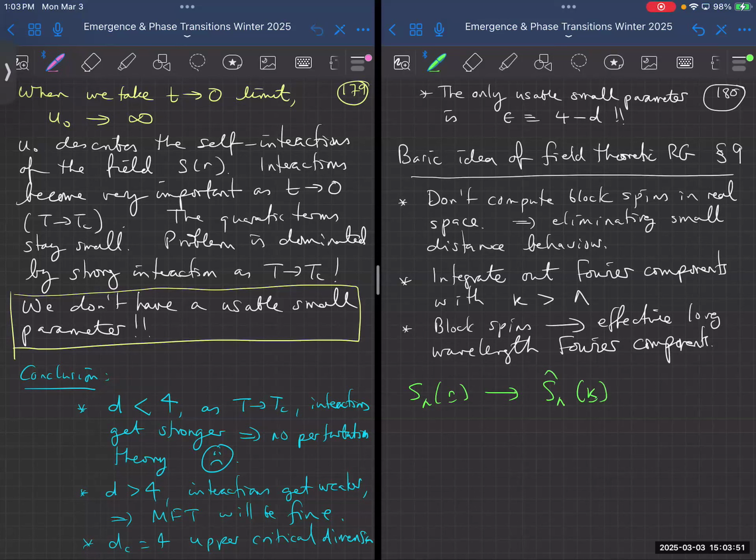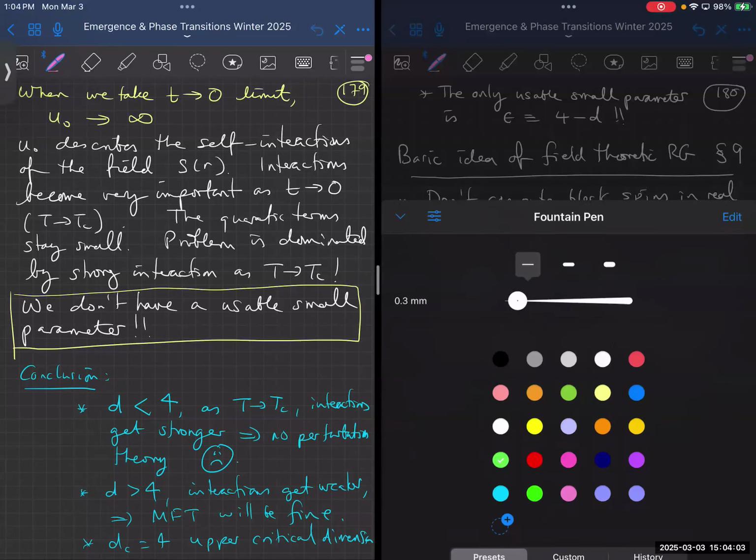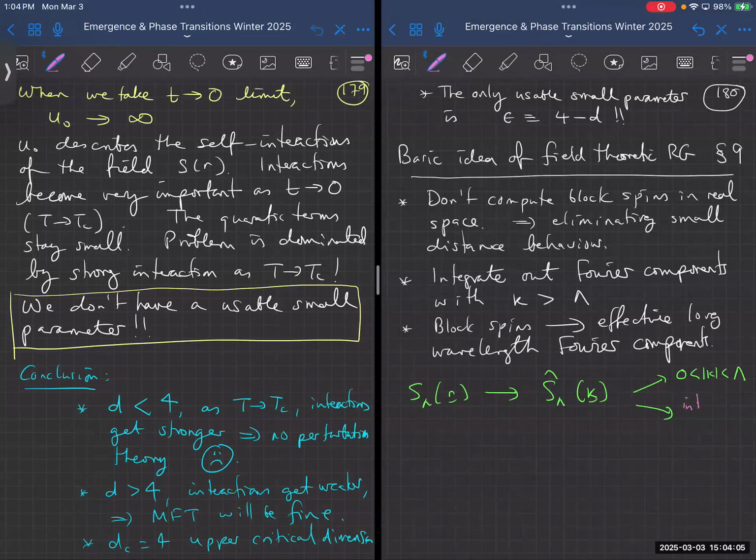I'll try to remember to put a hat here. And then this thing will only have naught less than k less than lambda. And what we're going to do is integrate out the k greater than lambda.